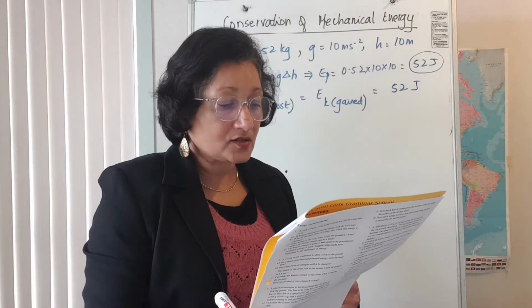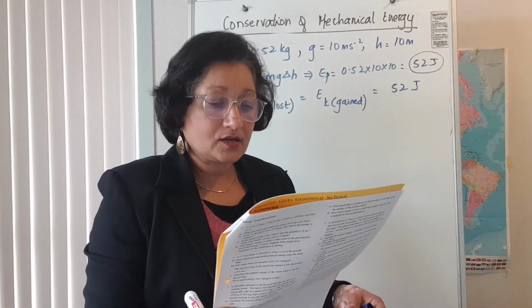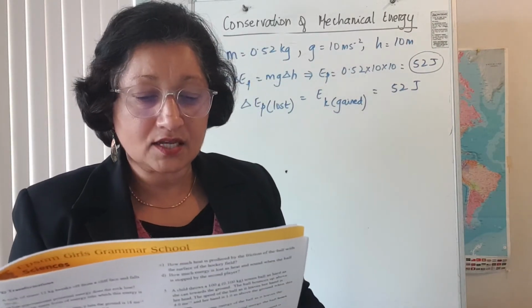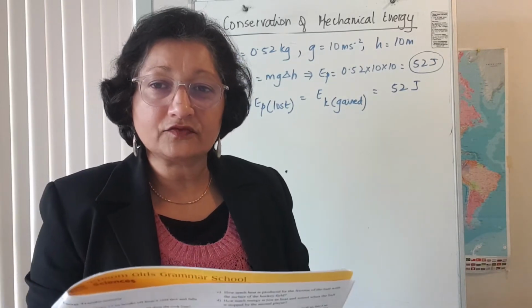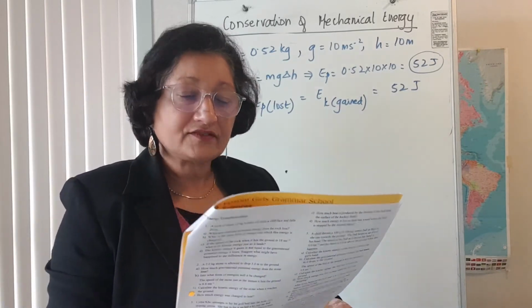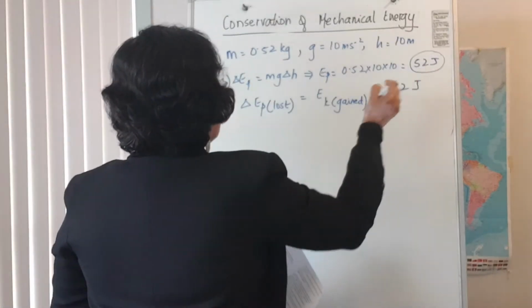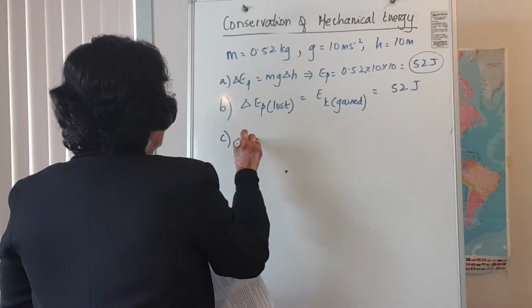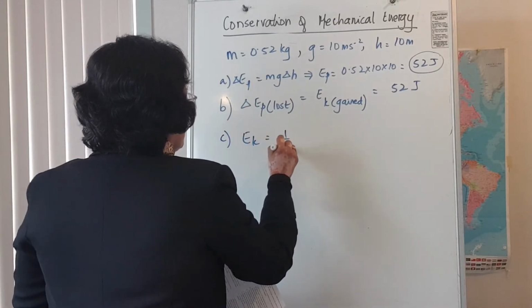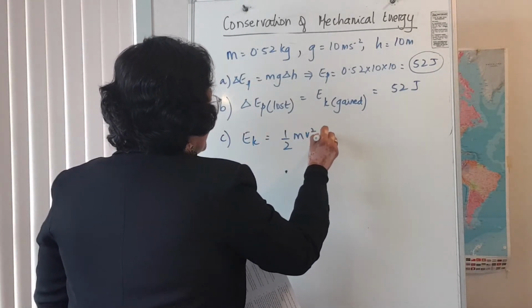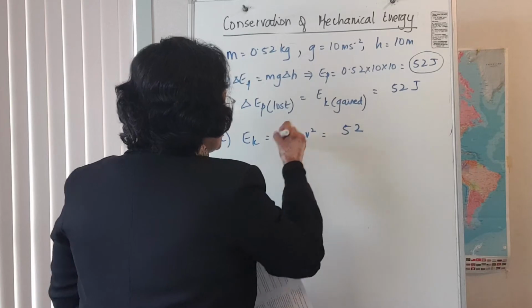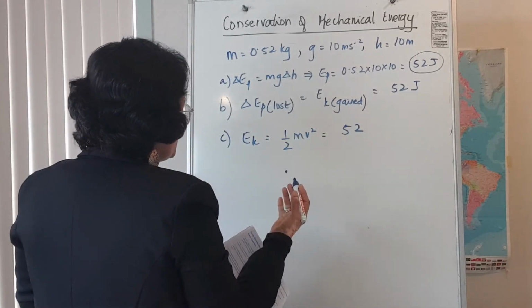The last part was: use EK equals half mv squared to calculate the speed of the ball as it left the thrower's hand. The formula for kinetic energy is half mv squared, and the answer is 52.